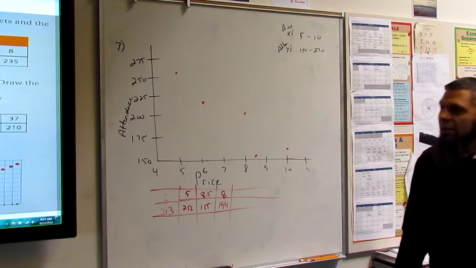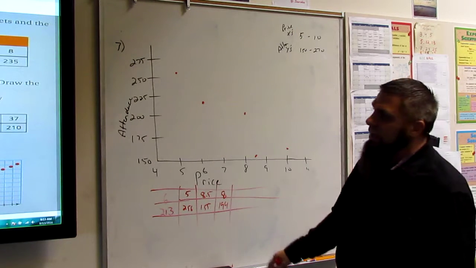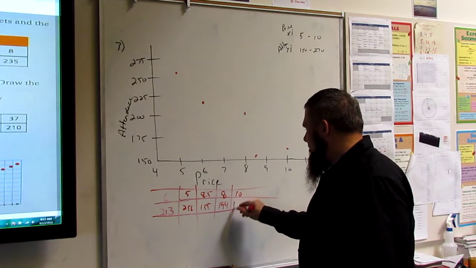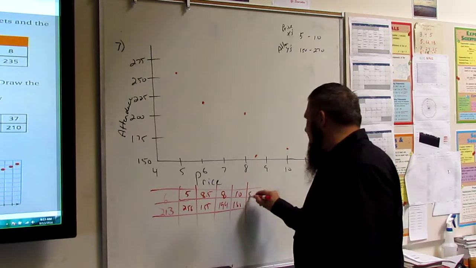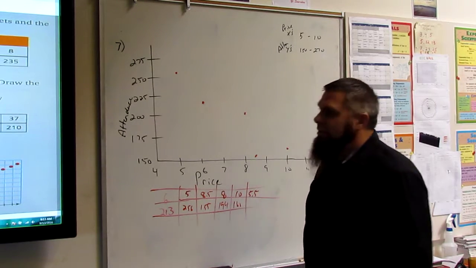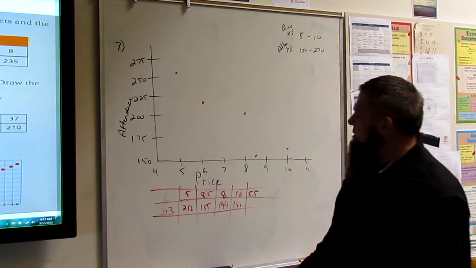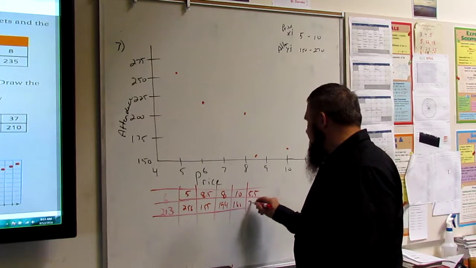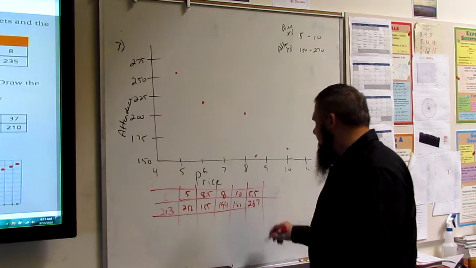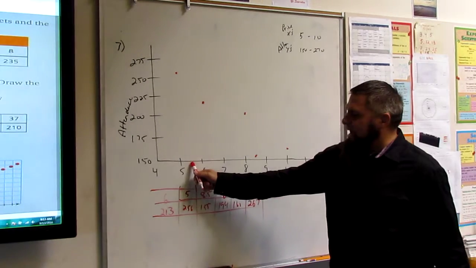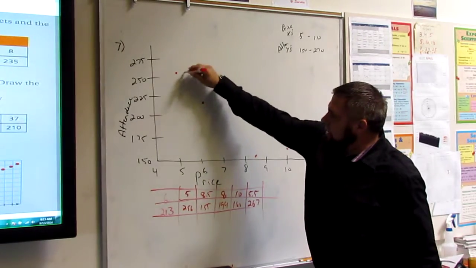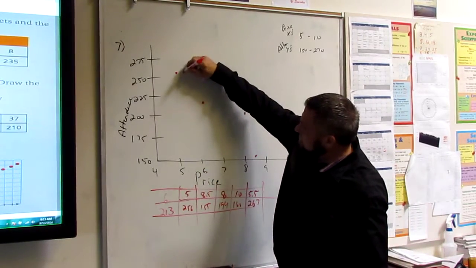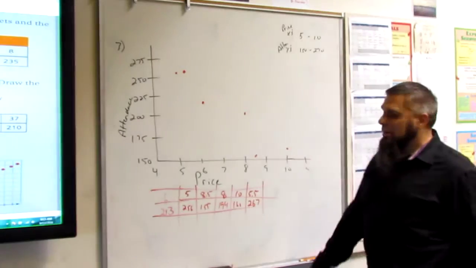Then I've got 5.5 and 267, somewhere in there.